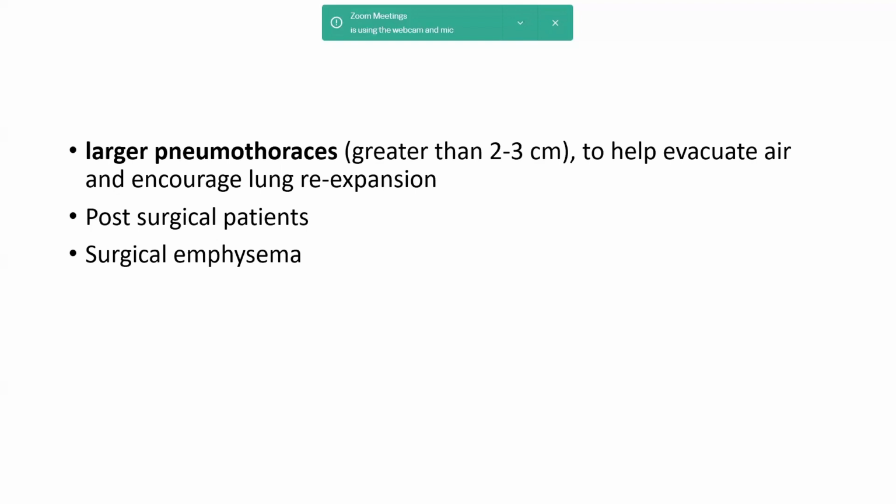In post-surgical patients, where we have done lobectomies, sometimes pleurectomies and even decortications, when we find the lung is not adequately expanding, we might think of negative pressure. Again, it's in selected patients depending on expert opinion.